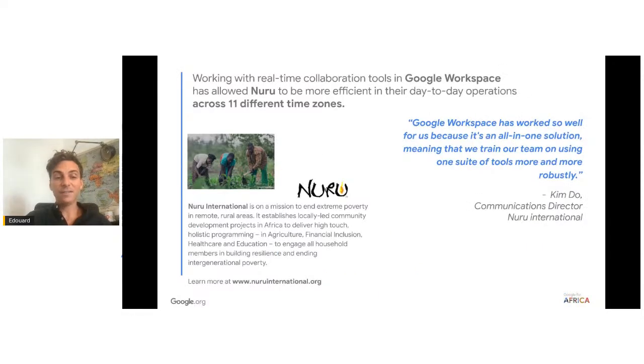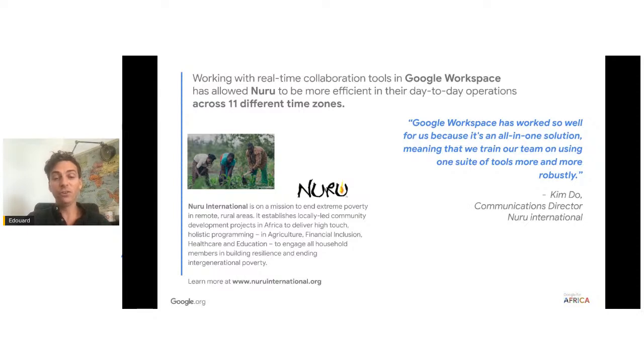So let's look at one example of an organization that has been using Google Workspace. Nuru International is helping farmers fight extreme poverty in Africa. They have made every effort in recent years to eliminate overhead costs so that funds raised go to training local leaders with tools and knowledge to lead the communities.